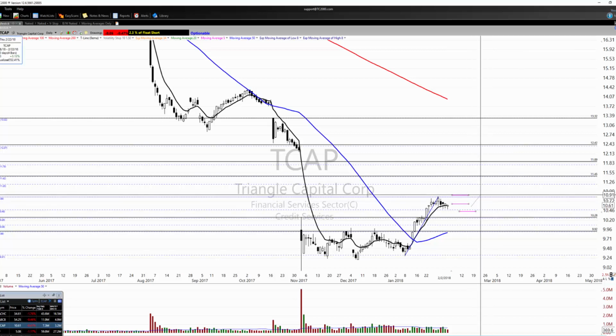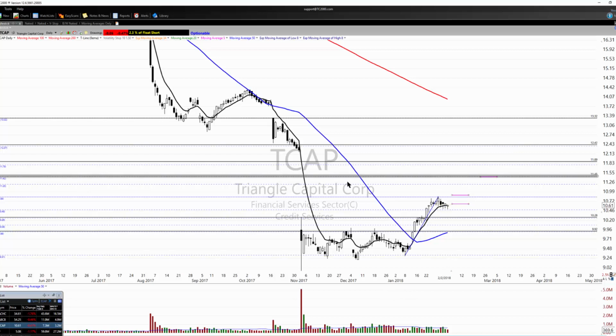I'm going to put my first target up here where that weekly support and resistance line comes very close to, within 3 cents of, the 38.2 Fibonacci extension there.